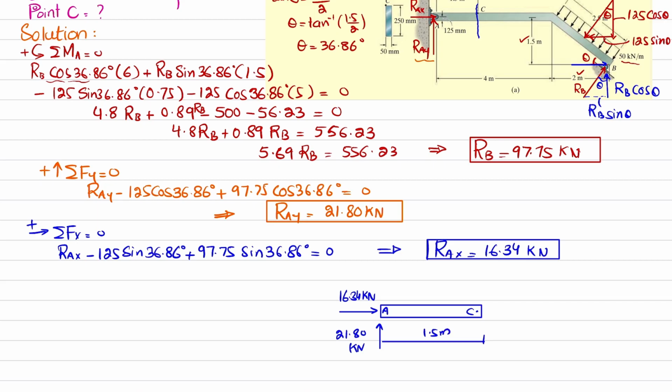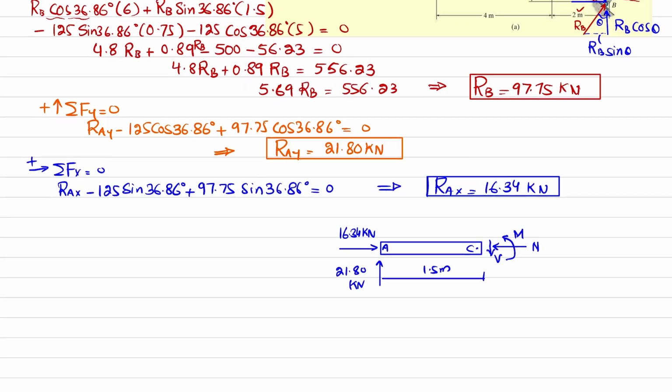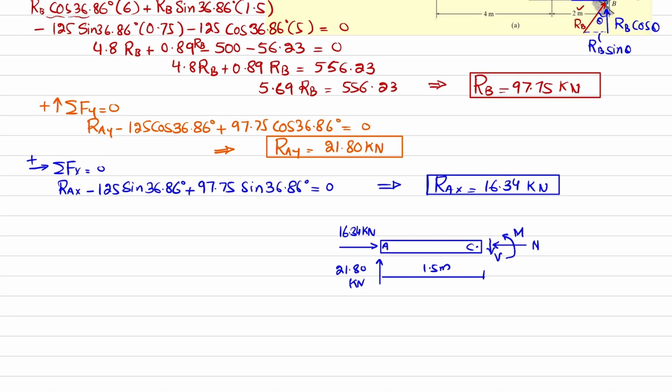And when you cut it at point C, you will have a shear force V, a normal force N, and a moment M. Now we will find this V, M and N by using equations of equilibrium. The first equation of equilibrium is that sum of all forces along x direction must be equal to 0, and force toward right is taken as positive.